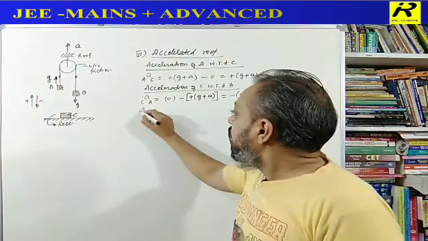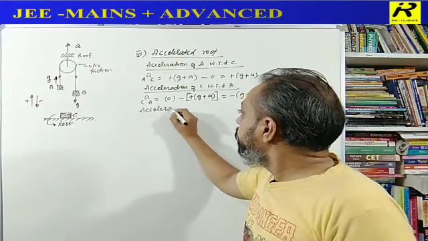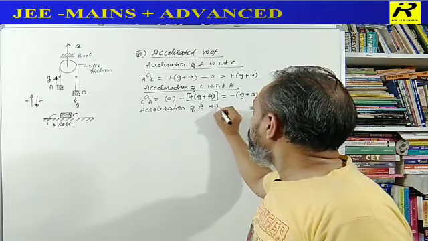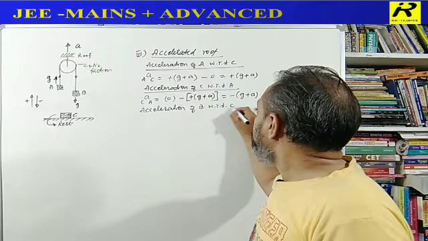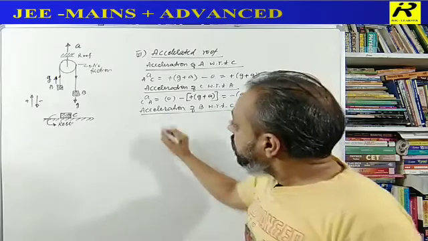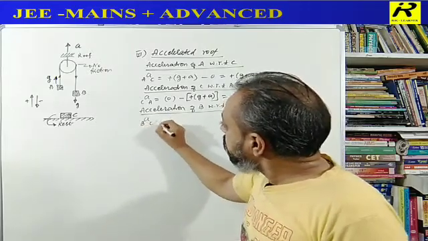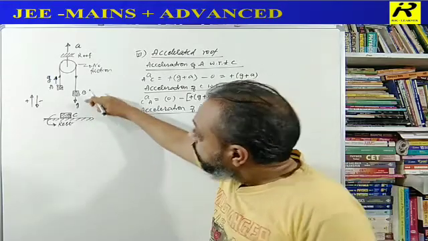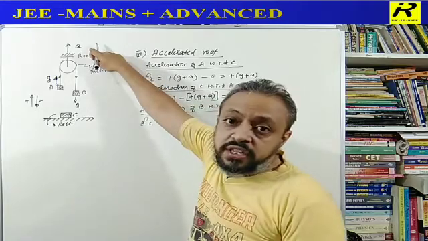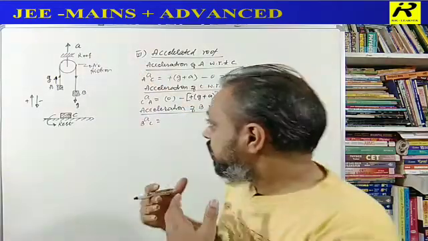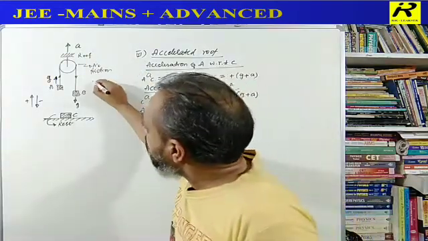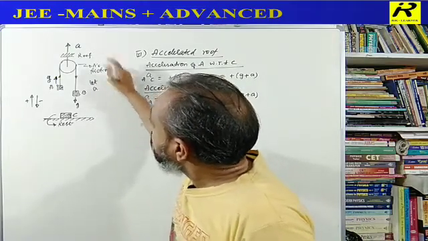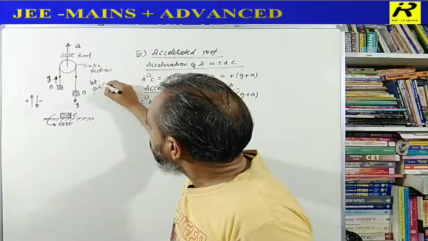And then the acceleration of B with respect to C. B is coming down, but it is moving up with an acceleration a. Let us consider the condition that this acceleration a is less than g.